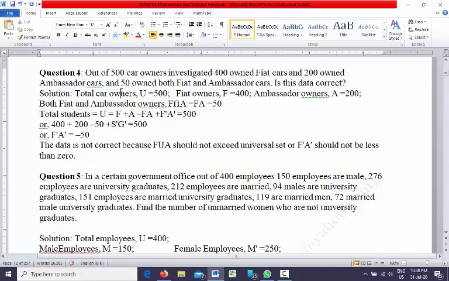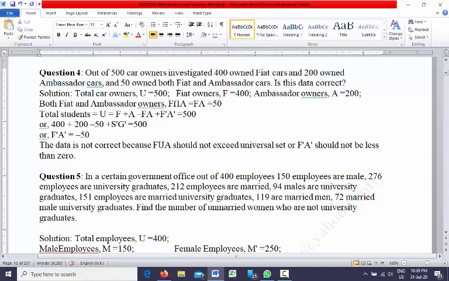So total car owners, the universal set, is 500. Out of 500 car owners, 400 own Fiat cars.